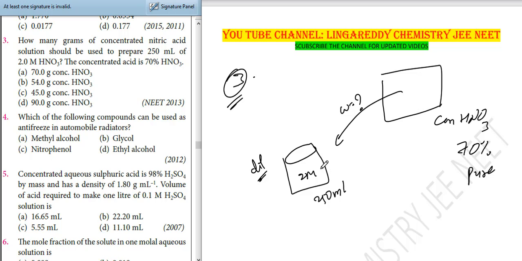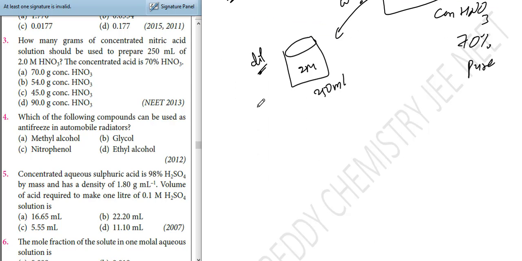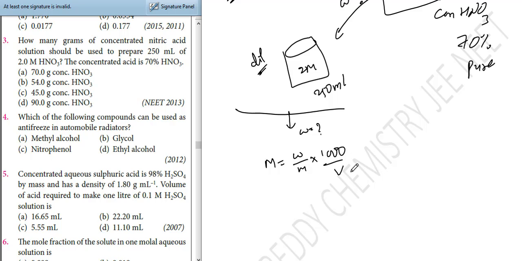It is asking. So first of all, to prepare this HNO3, calculate how much W is required. For that I am taking the molarity formula, M equal to weight of solute by gram molecular mass of solute into 1000 by V. Just substitute those values. Molarity is given as 2, mass of solute we don't know.